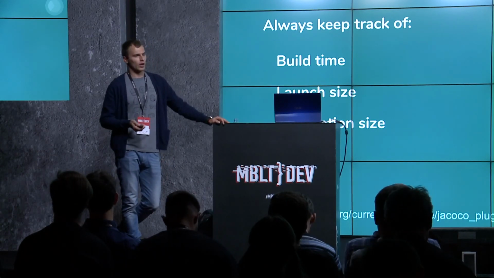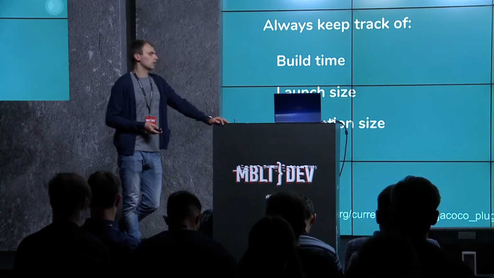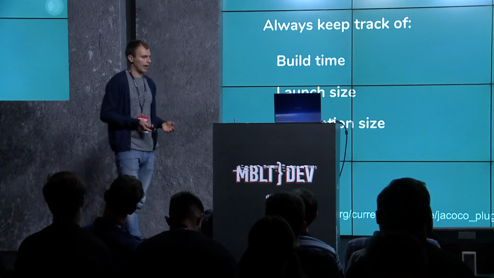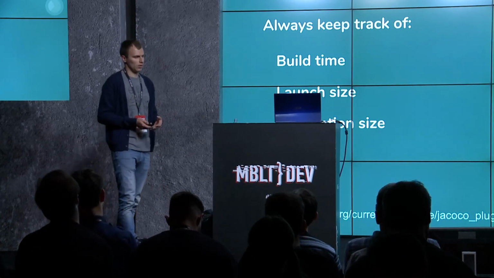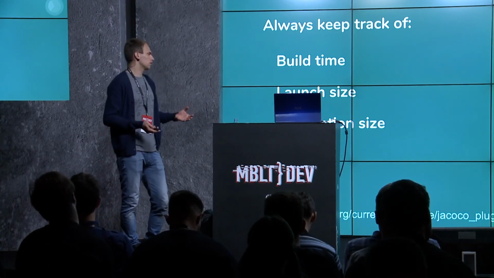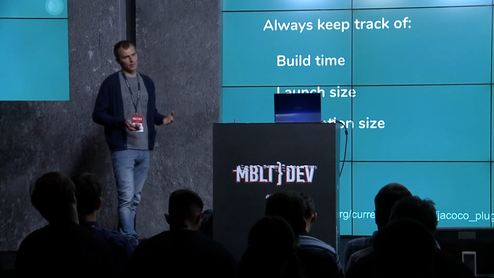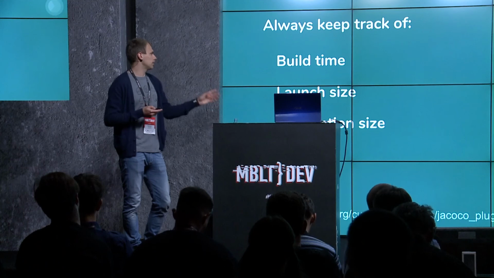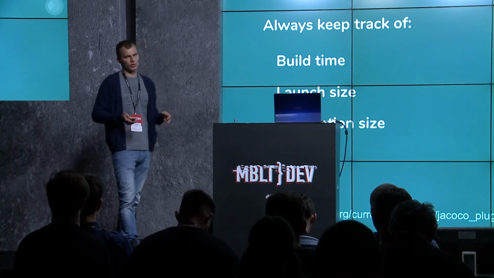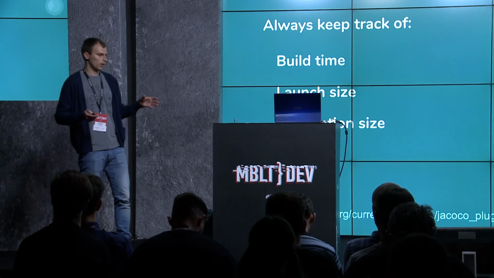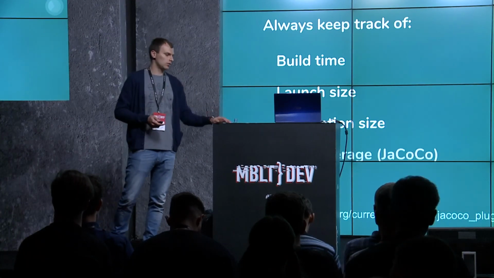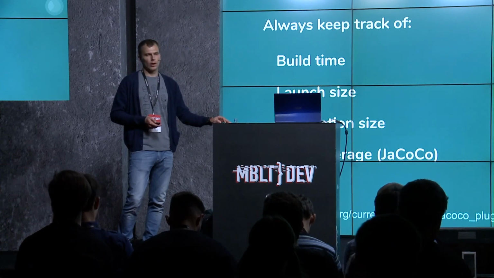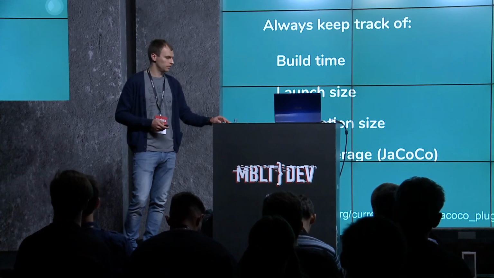Maybe you added some library which affected some of these parameters, and later you decide it's not really useful, but apparently it affected the launch time of your application, which means that you don't actually need it, and it affects the application that much, so it's better to remove it. And with all these diagrams, you will be able to see this before you see the performance issue. And if you have tests, then also add test coverage, so you will see how much of your code is covered by tests.